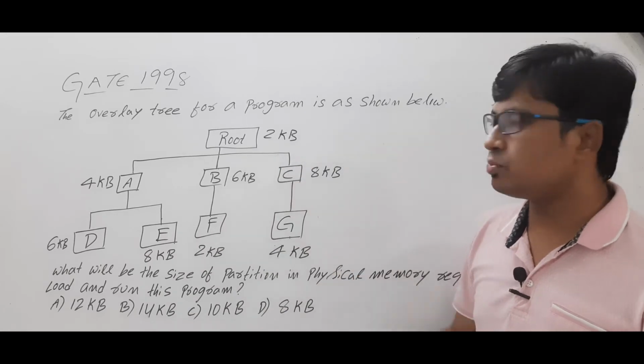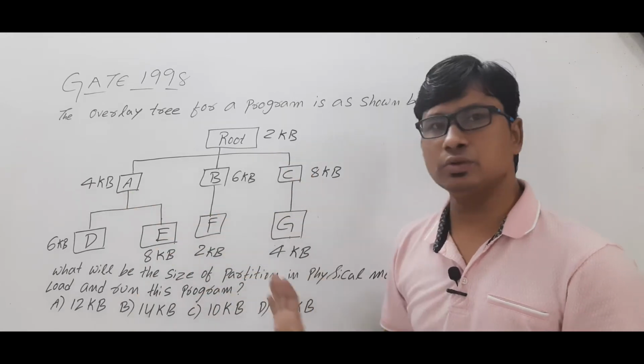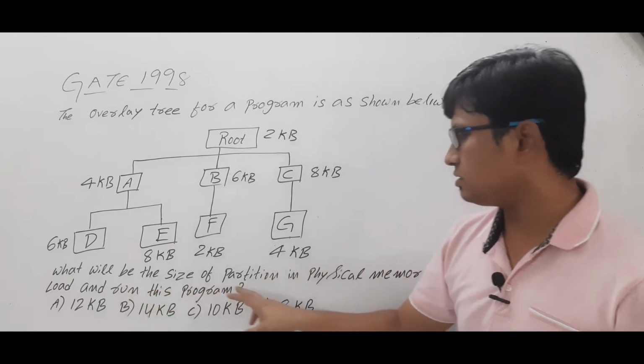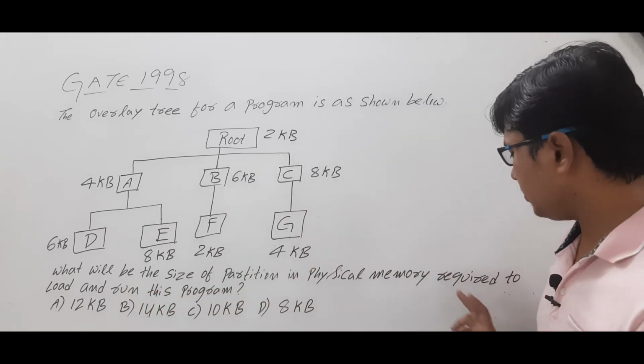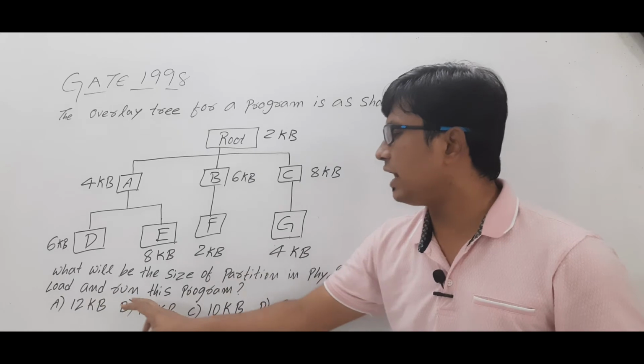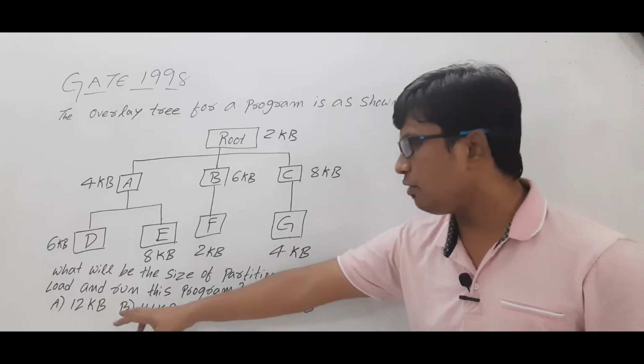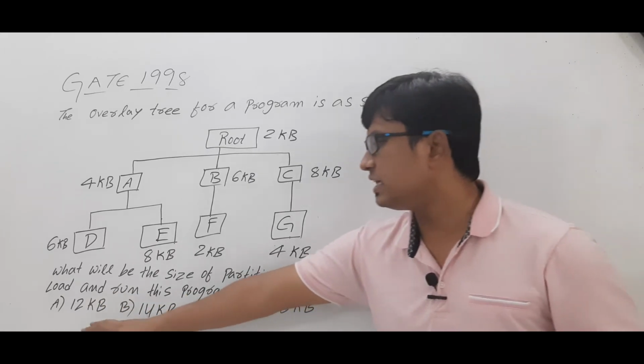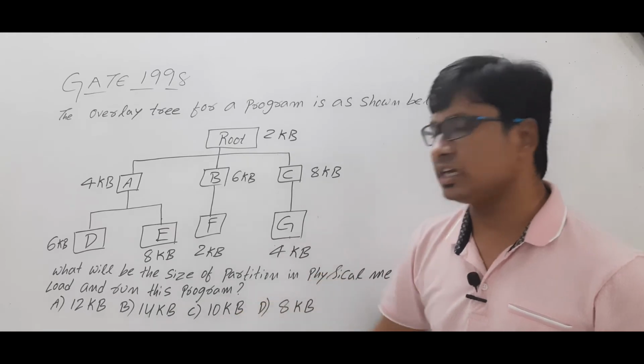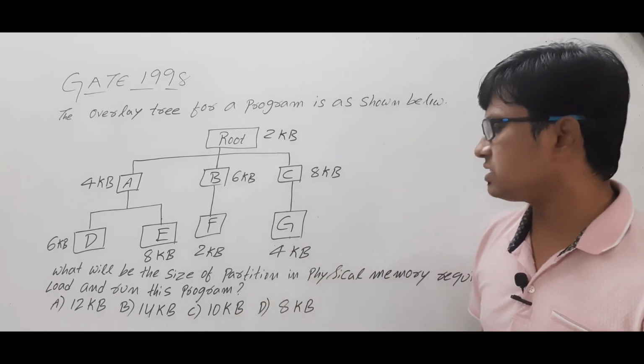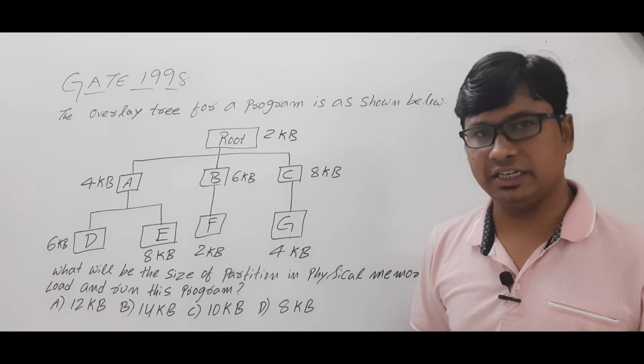The size of each module is given as 2 KB, 4 KB, and so on. What will be the size of the partition in physical memory required to load and run this program? They have given 4 options: option A is 12 KB, option B is 14 KB, option C is 10 KB, option D is 8 KB.